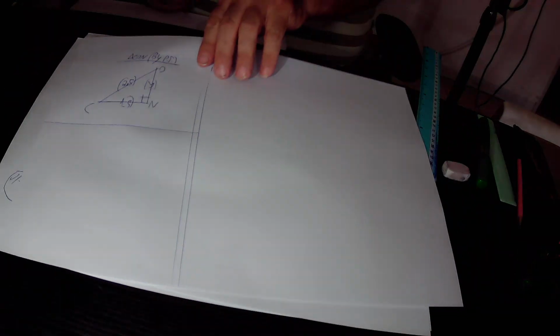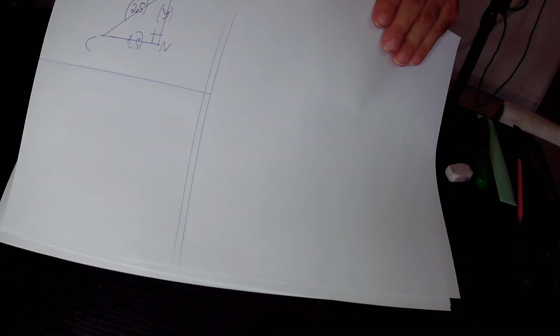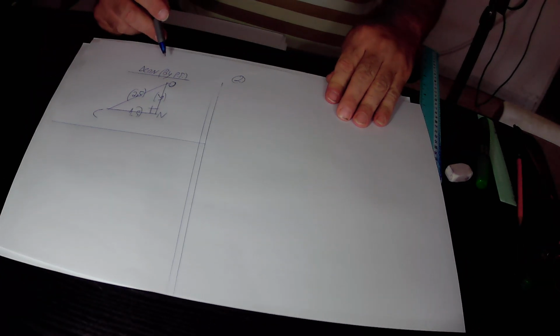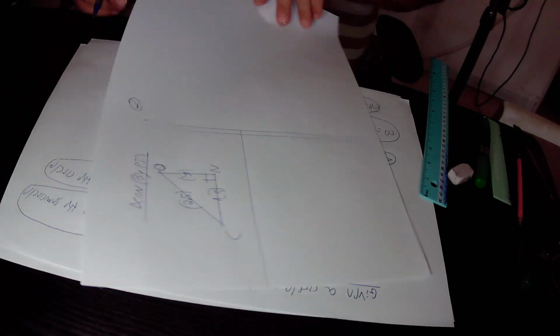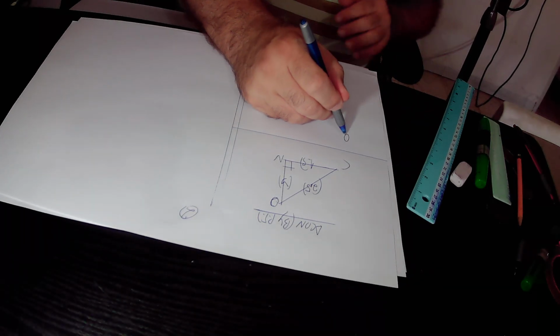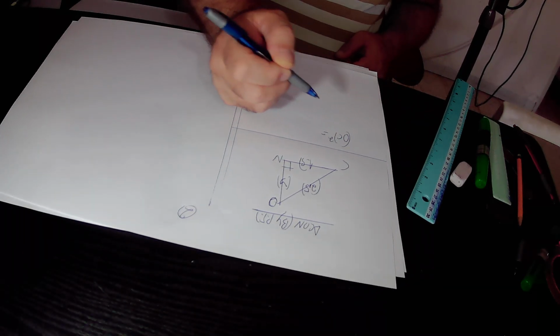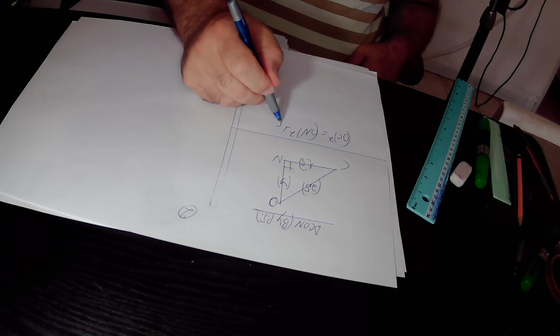So actually, this is the right triangle OCN that I copied from the original drawing. According to the Pythagoras theorem, in this right triangle OCN, OC squared, the square of the hypotenuse, equals ON squared plus CN squared.